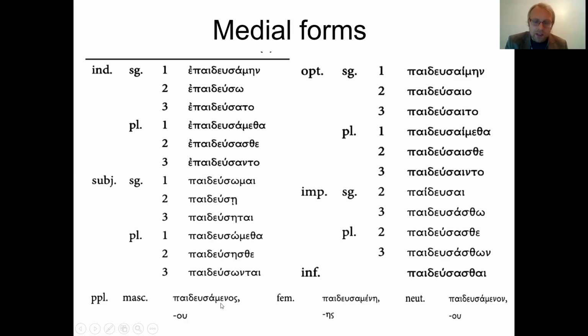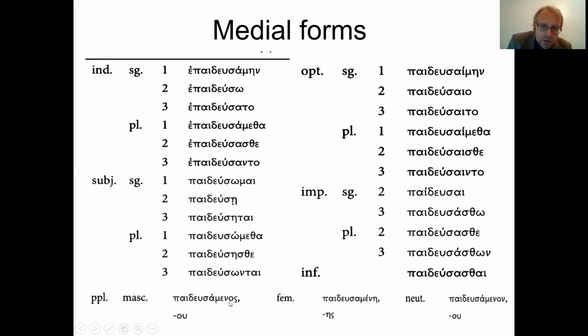And actually these medial aorist participles look quite a lot like the present medial passive participles, in that they have this same men part of the ending. So you find this men in all three genders. And this men as part of the ending is actually a very good way to recognize a medial participle form.